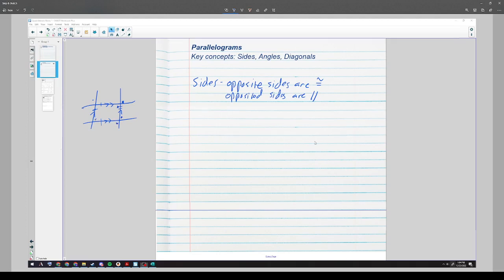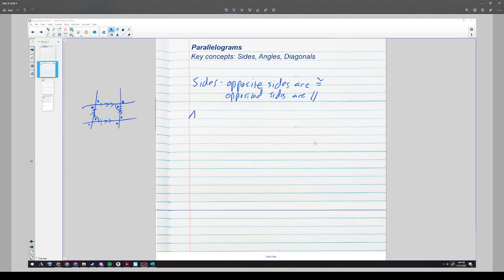Then we have a corresponding angle and a vertical angle here, and a corresponding and a vertical angle here. So we end up with all 8 of those angles being congruent. Now, some of those aren't that interesting because they're outside of our shape, right? Like this corner, none of those are inside of our shape. But the two that are right here are our non-consecutive angles.